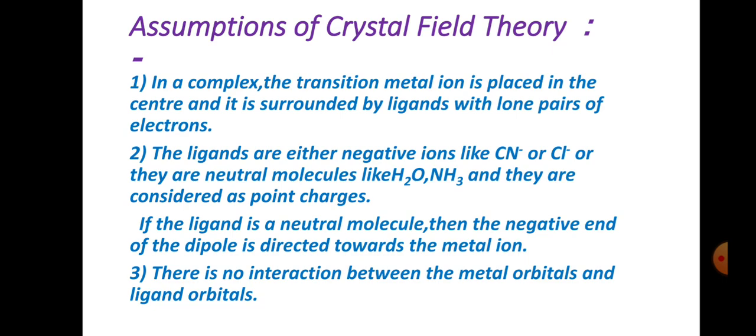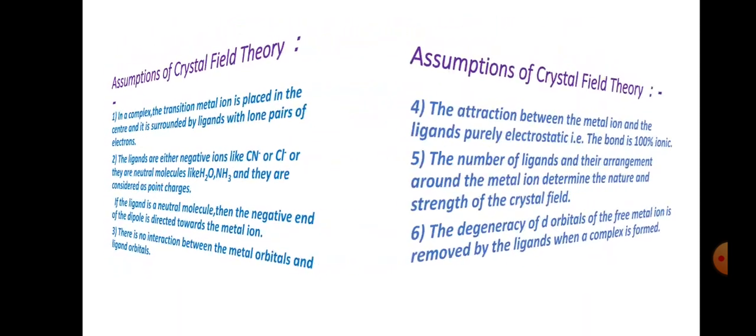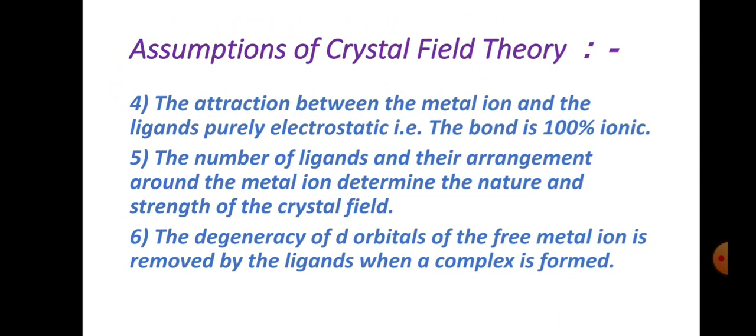Third assumption, there is no interaction between the metal orbitals and ligand orbitals. Fourth, the attraction between the metal ion and the ligands is purely electrostatic, that is, the bond is 100% ionic.